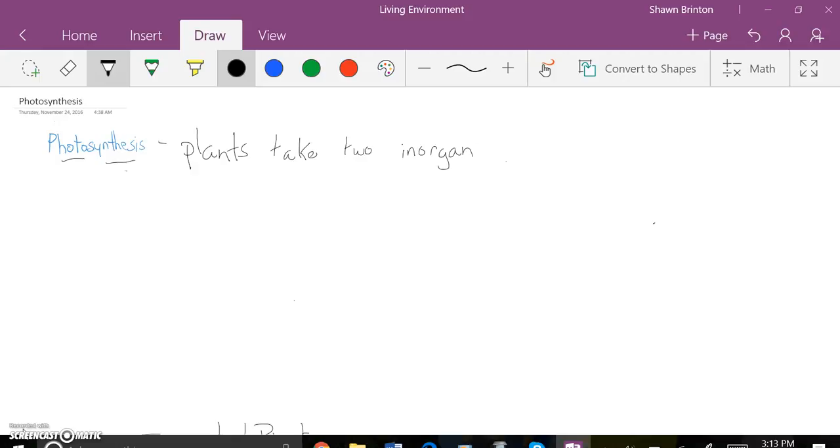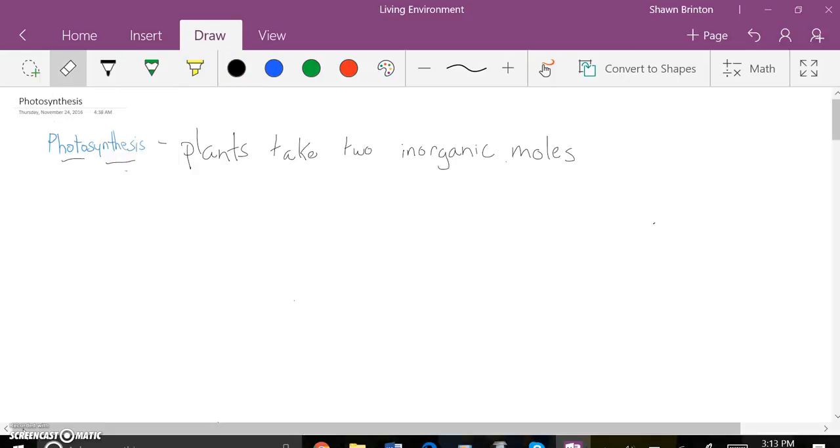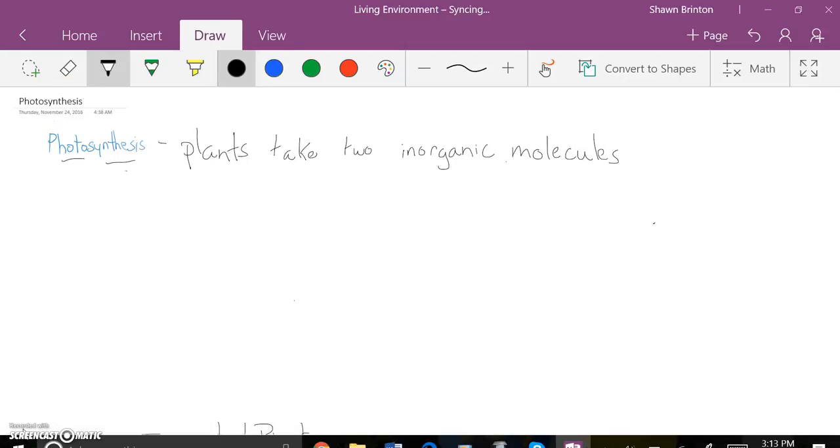We know those as carbon dioxide and water, and synthesizes an organic molecule, or an organic sugar, or food.